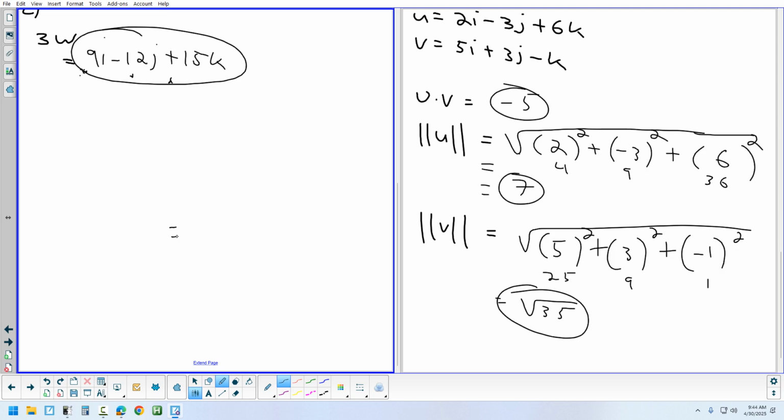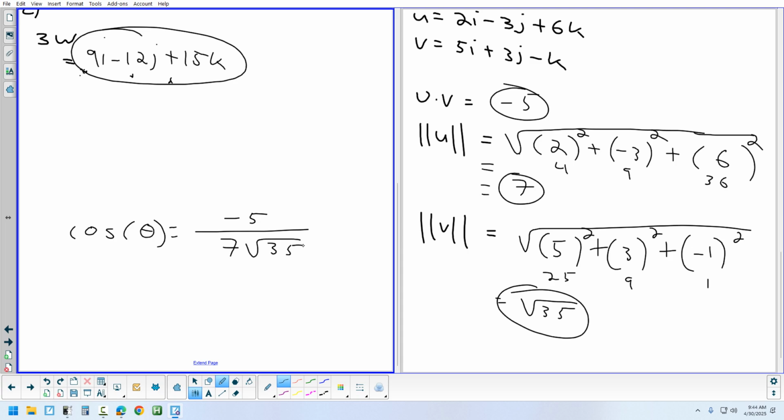Cosine theta. Put that on the left. And what's going to go on the right? Dot product in the top. So negative 5. And the product of the magnitudes in the bottom.